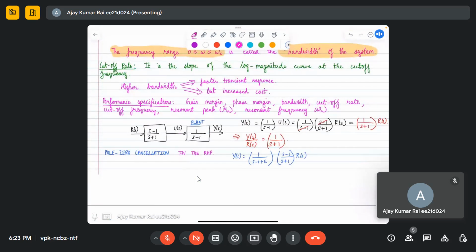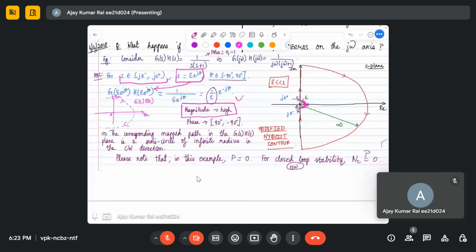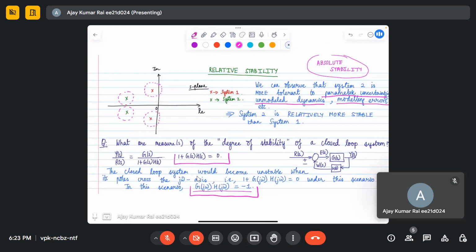One more thing we have studied is why pole-zero cancellation is not allowed in the right half plane. Because we don't know exactly where the pole is lying. If you look at this picture, at this limit, we actually don't know. We are just showing that the poles are lying on the left half plane, but they might be lying anywhere inside the circle or on the circle.